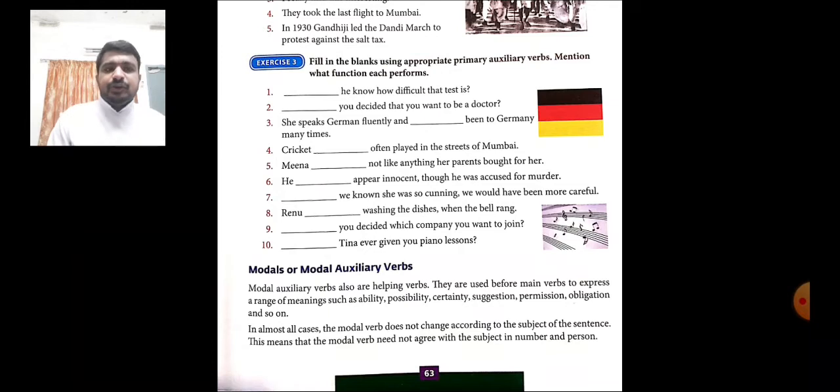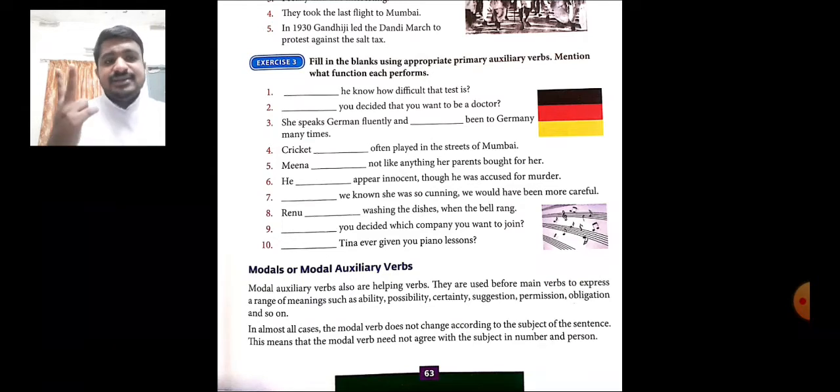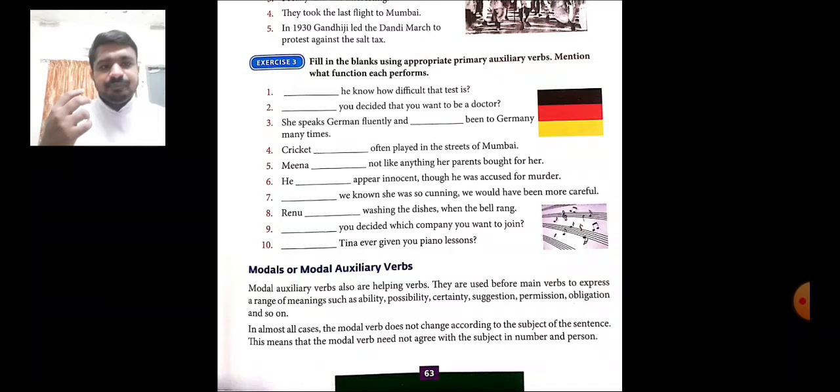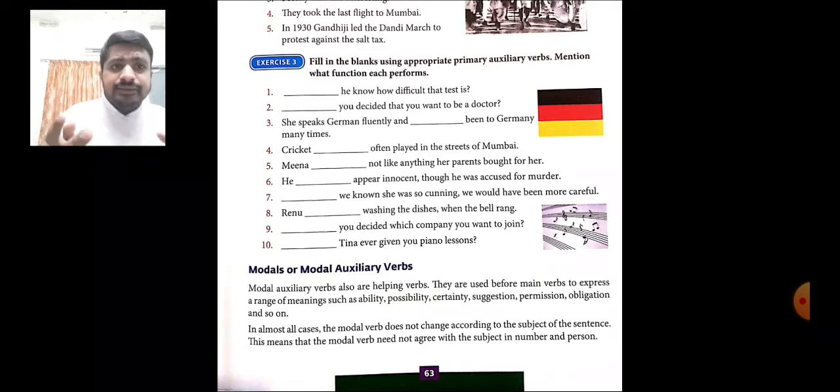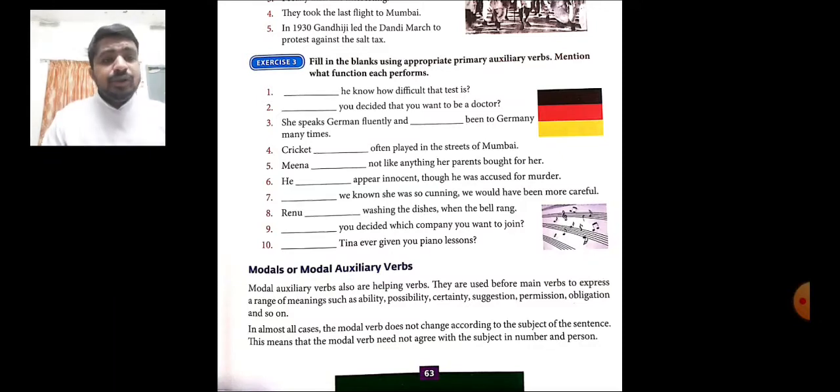They are used before main verbs to express a range of meanings such as ability, possibility, certainty, suggestion, permission, obligation, and so on. And mostly like be, have or do, which we have seen on the last page, these will not be changed according to the subject of the sentence.